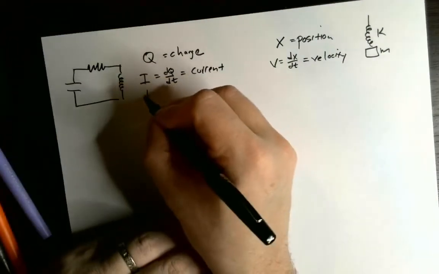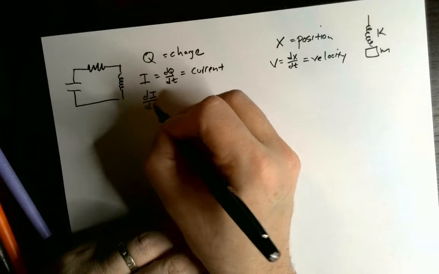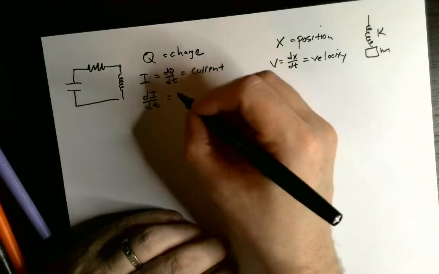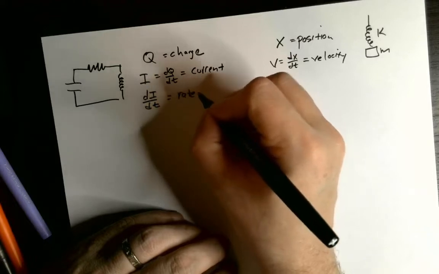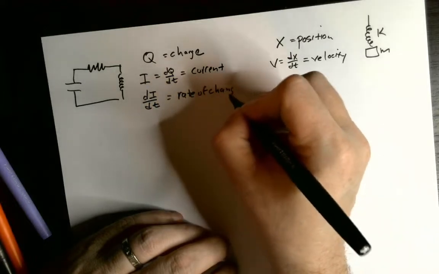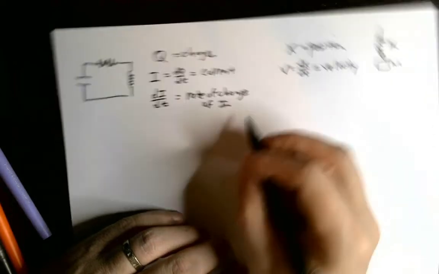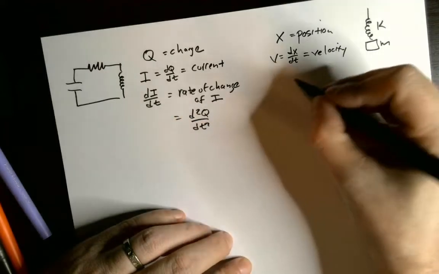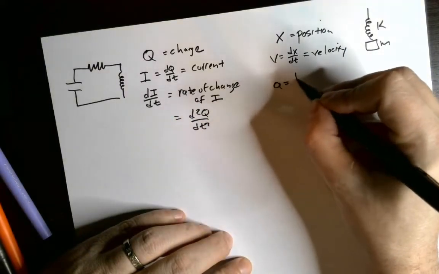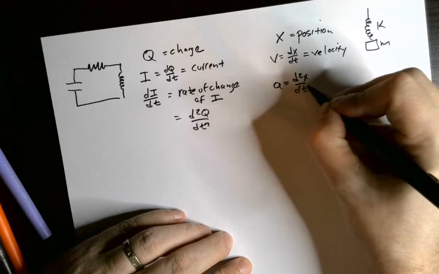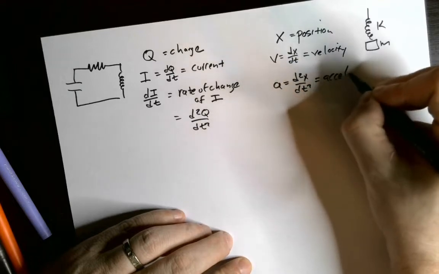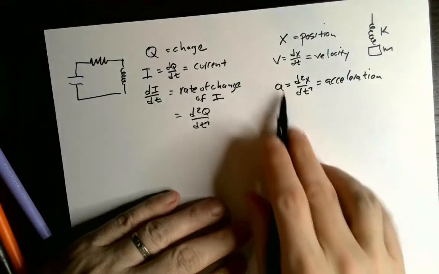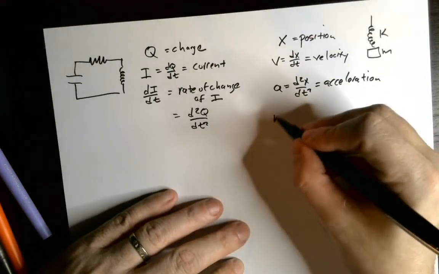The rate of change of the current, we don't have a special name for that, is d squared q/dt squared. d squared x/dt squared is what we call the acceleration. The thing that resists changes in velocity is the thing we call mass.